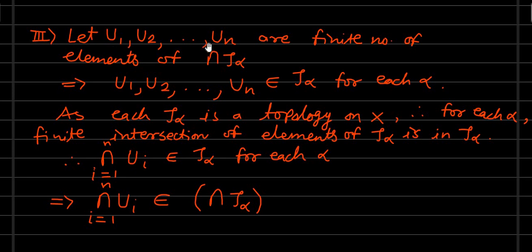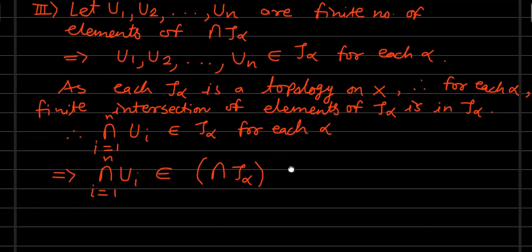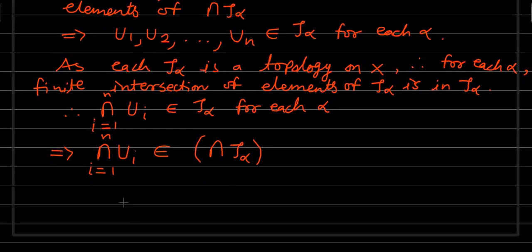We have considered a finite number of elements from the intersection of τα, and we have shown that their intersection is again a member of the intersection of τα, which means that the intersection of a finite number of elements from the intersection of τα is again a member of it. This shows that the third condition also holds.